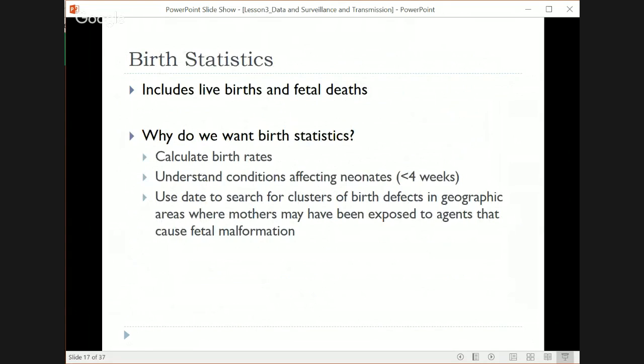All right, the other vital statistic we collect information on is births. This includes live births and fetal deaths. Why do we want birth certificates?